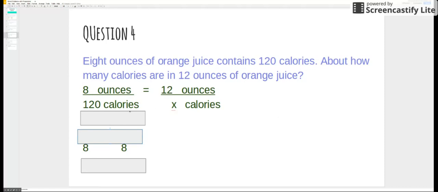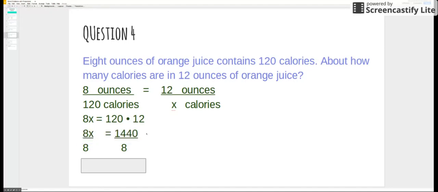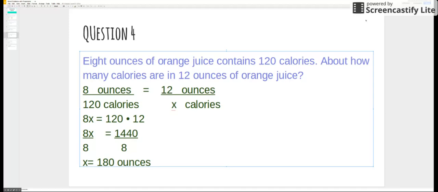So 8x is equal to 120 times 12. And 120 times 12 gets me 1440. And I'm going to divide both sides by 8 in order to get x by itself. And when I do 1440 divided by 8, I end up getting 180 ounces.